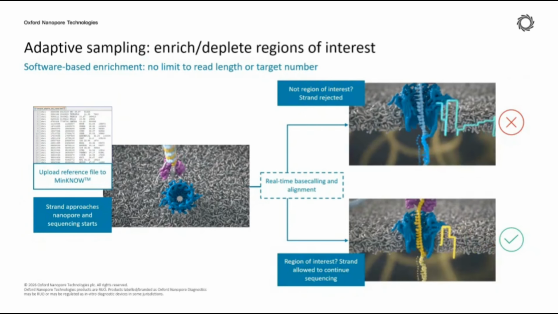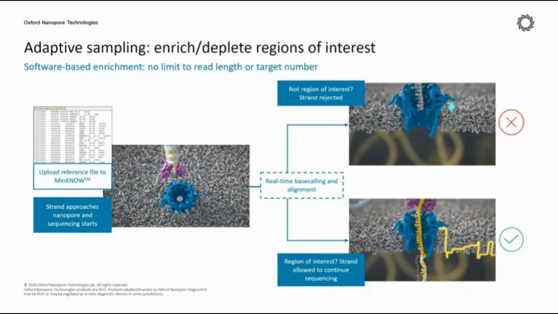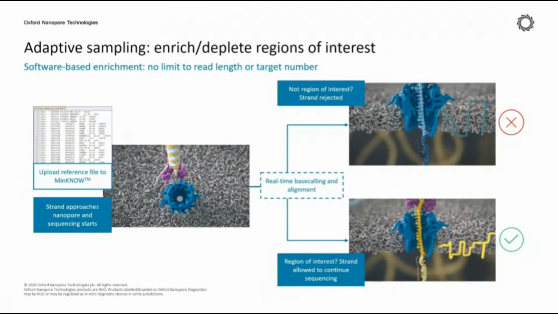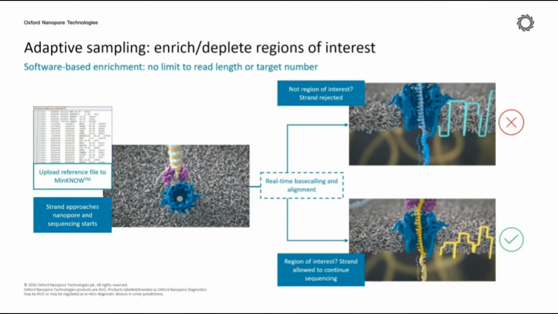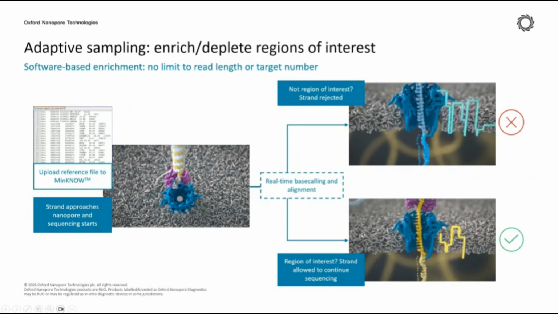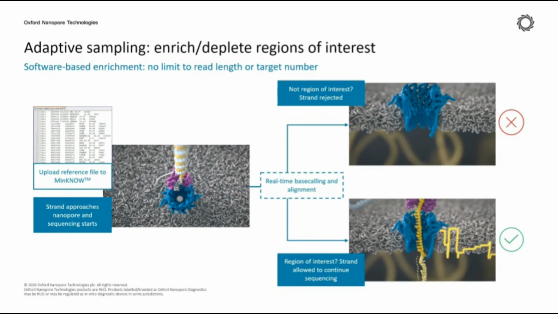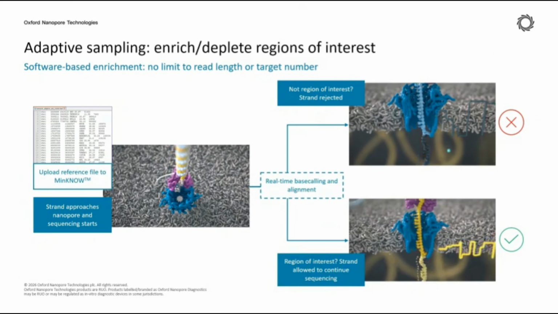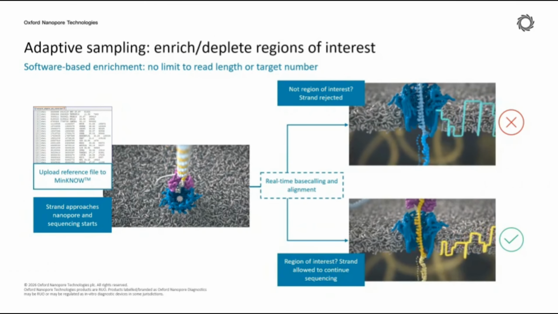Often we use primers or probes to capture the target regions, or sometimes we might even use technology like CRISPR to cut out the target regions. But those methods normally disrupt the native form of the DNA or RNA molecules. With adaptive sampling, we use the whole DNA sample, and we inform the software what our target regions are.